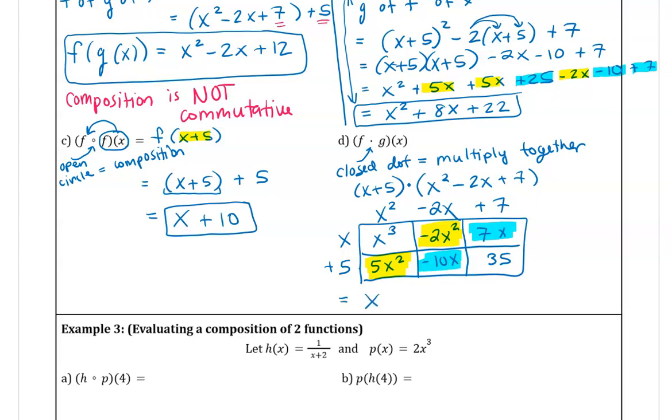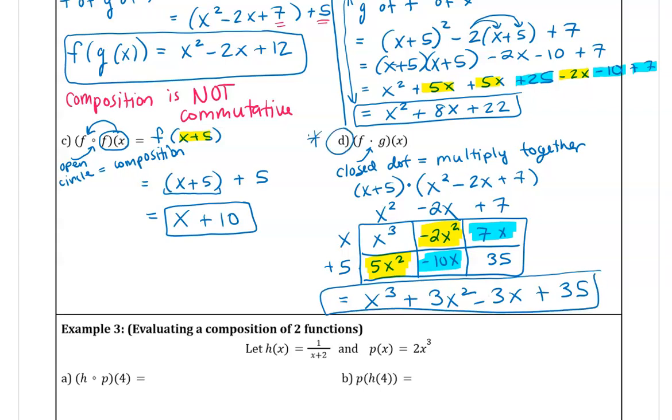So I end up with x to the 3rd from here, plus 3x squared from these two added together, and then minus 3x from those two added together, and then plus 35. So again, in D, I was multiplying, not composing. To compose two functions, you would have to see an open circle like this, and you would have to literally take one function and plug it into another.